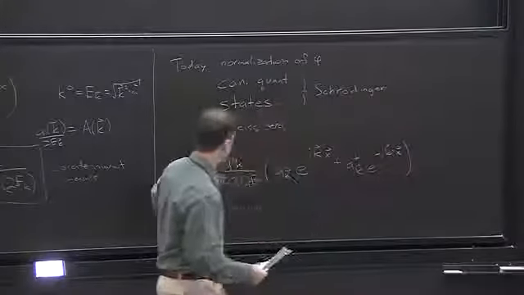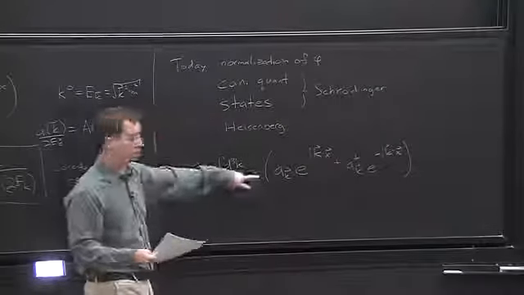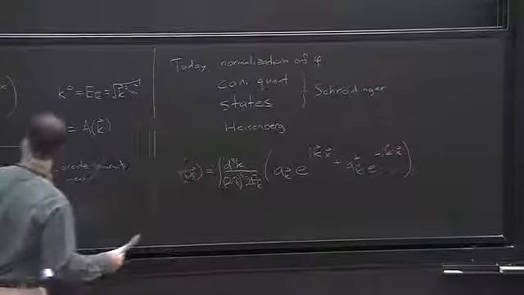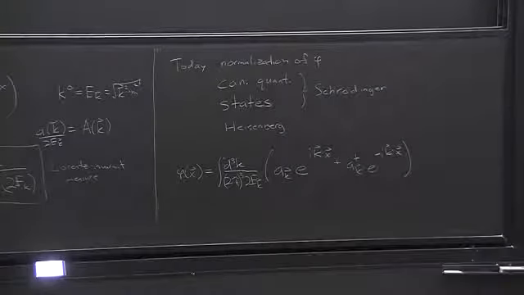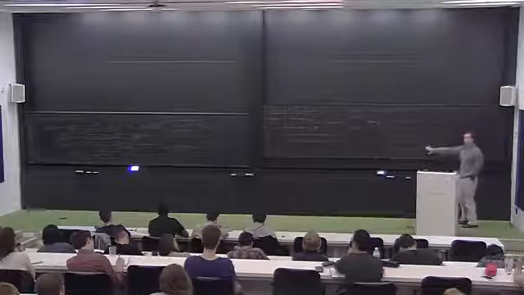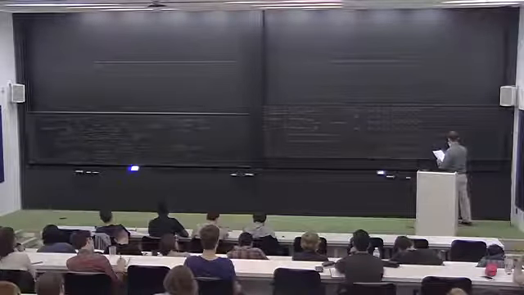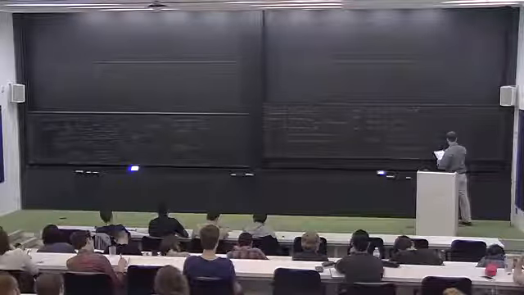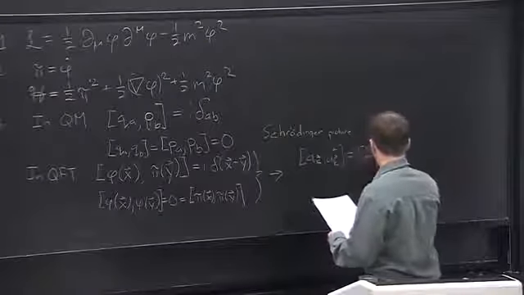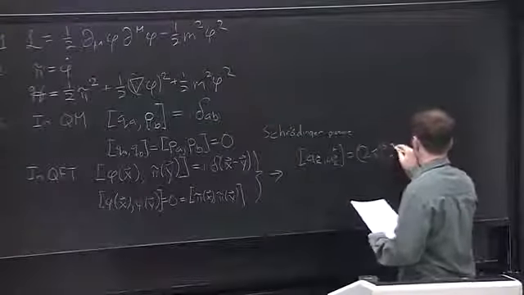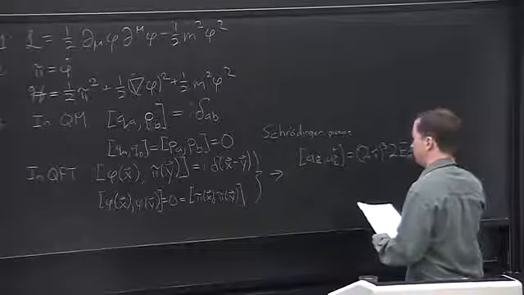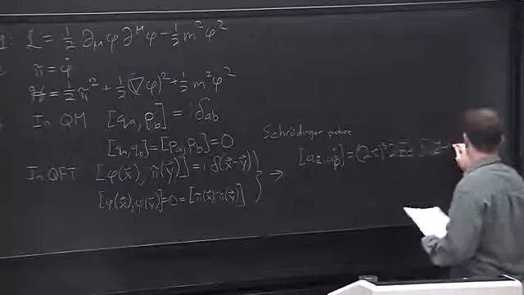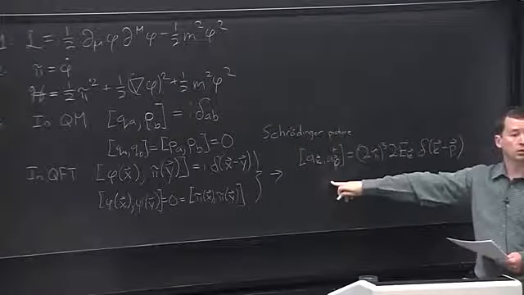And so this is the Schrodinger picture operator version of this equation you saw in your homework. And you also saw in your homework that this implies this commutation relation among the ladder operators.